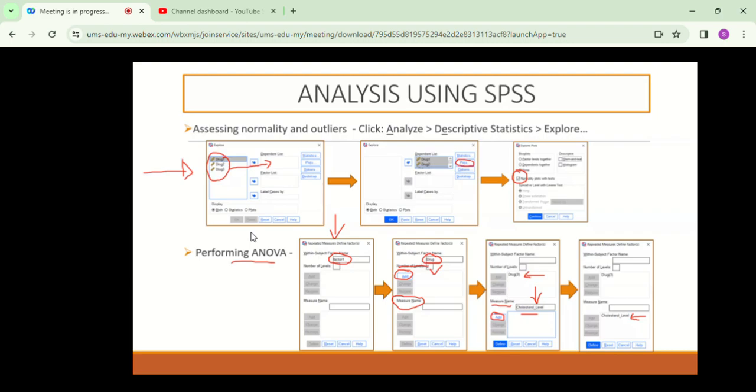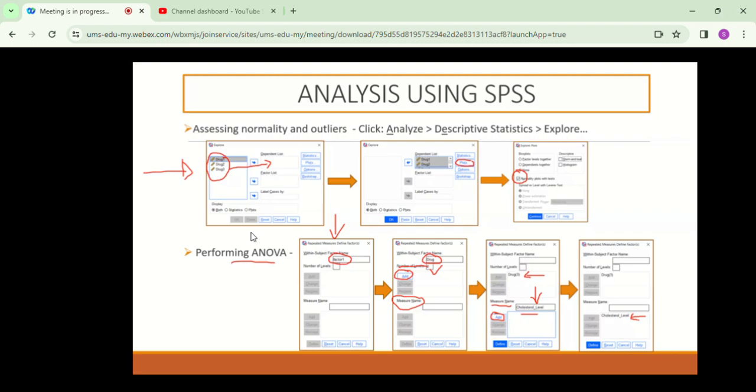So the confusing part is these 4 dialog boxes. The challenge in analyzing data using dependent sample ANOVA is to identify the factor and the measure name. You need to understand your data.